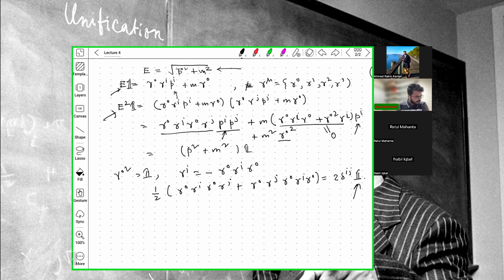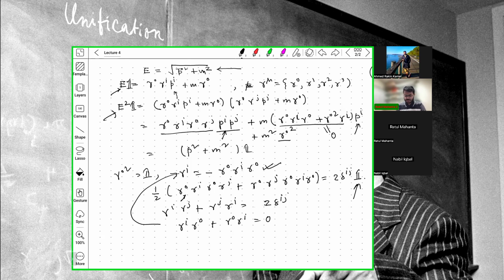These can be arranged by multiplying by gamma 0 in a suitable form, or you can use this relation, and the first one can be arranged in this form, and this relation can be arranged as gamma i gamma 0.